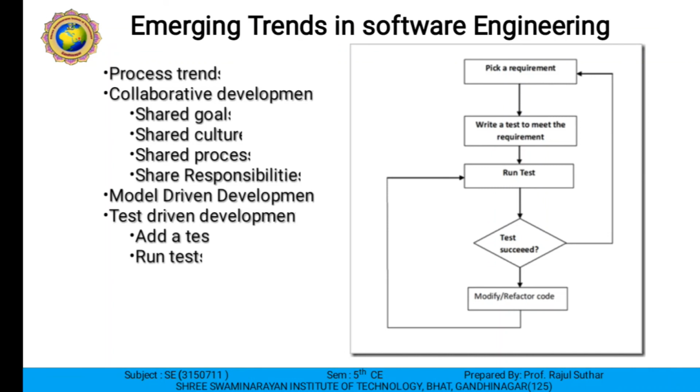So we write the test that meets the requirement, run the particular test, and after running the test we check whether the test is a success or not. By checking this condition, we know if the code is correct or not. If it is not correct, then we can refactor or modify, so we can loop and run the automated test cases.